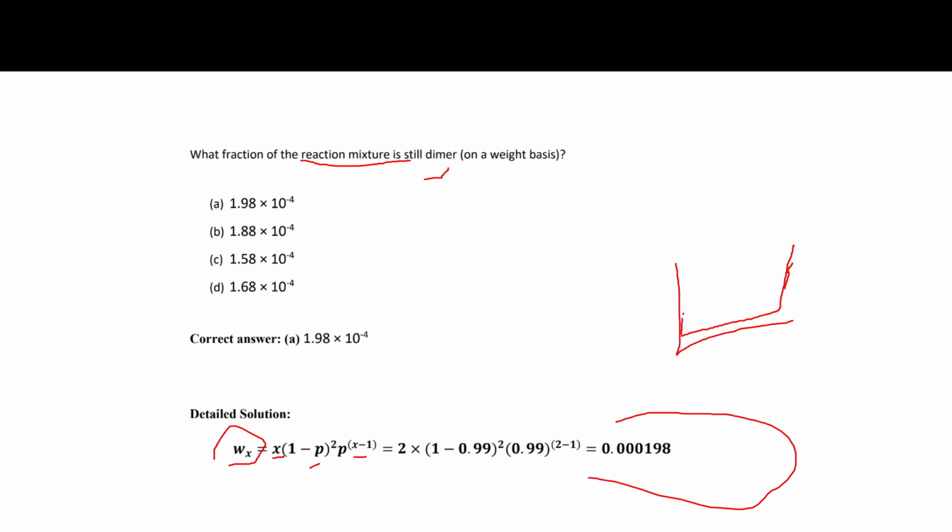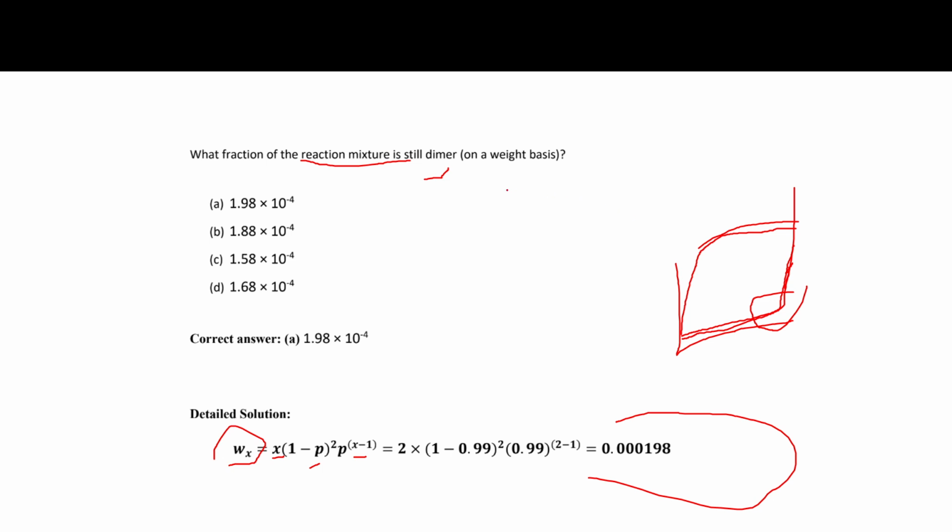But for addition polymerization, the curve will be like this. From the initial stage we get a higher molecular weight, and then it steadily increases. But for condensation polymerization or step growth polymerization, the curve will be like this. Only above 90% conversion do we get high molecular weight.